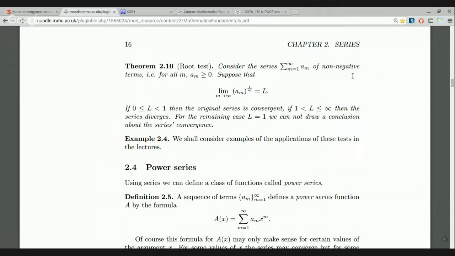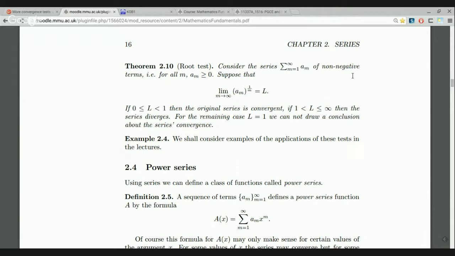So by comparison, because the a_n are converging to this in a sense, so will the sum of our terms, the sum of a_n. And if L is strictly bigger than 1, it's the divergent behavior.